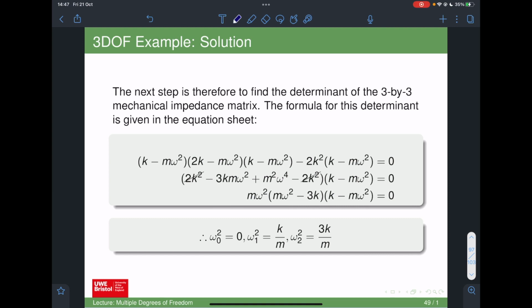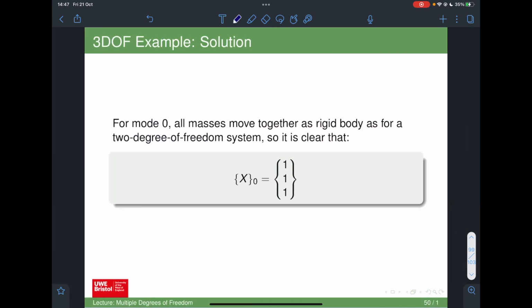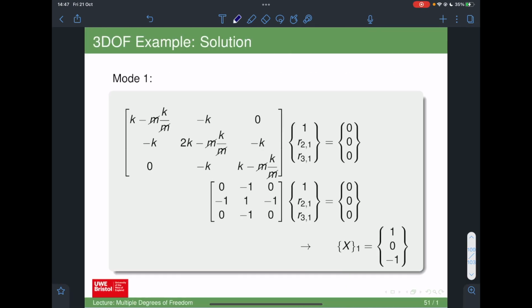Obviously this is the 0th mode, in a sense, which is why we call it omega 0, and you end up with a 0th mode shape of 1, 1, 1. But the other mode shapes you can work out. For this, there are 2 unknowns and 3 equations, so you do have to use 2 equations to get there.